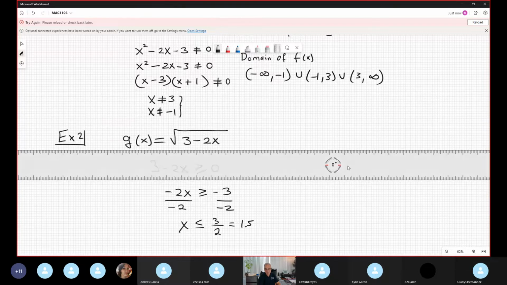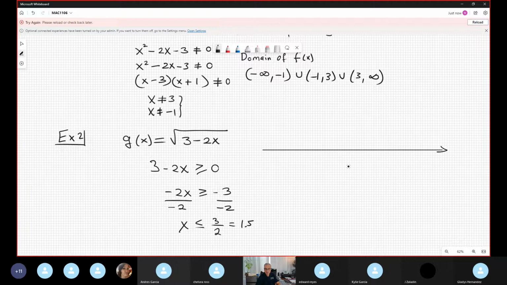Not always necessary, but I like it to understand the problem much better. This is my all real number line. This is infinity positive, this is infinity negative. This is 0. This is 1, this is 2, no? But this is 1.5, here in the middle.